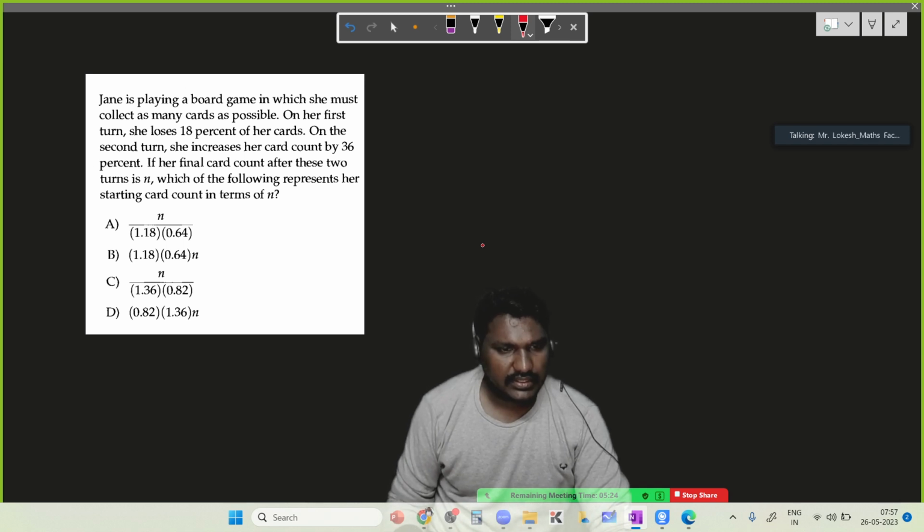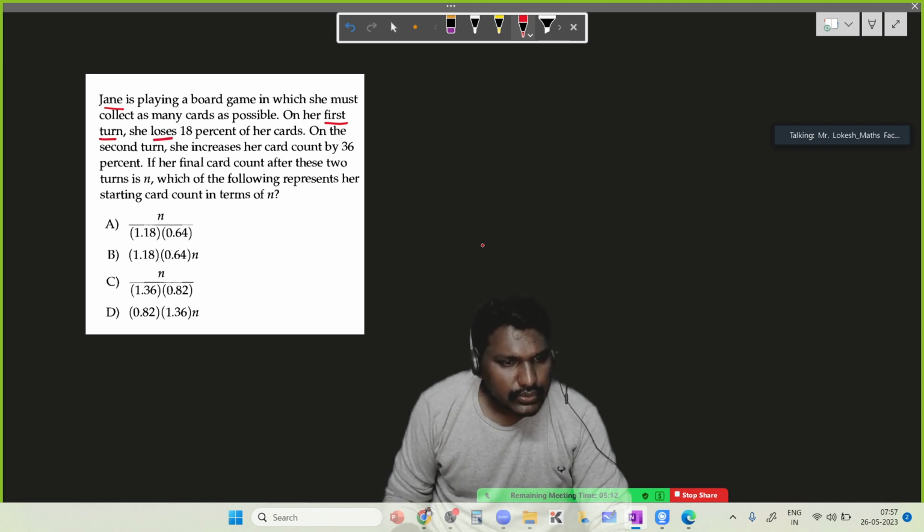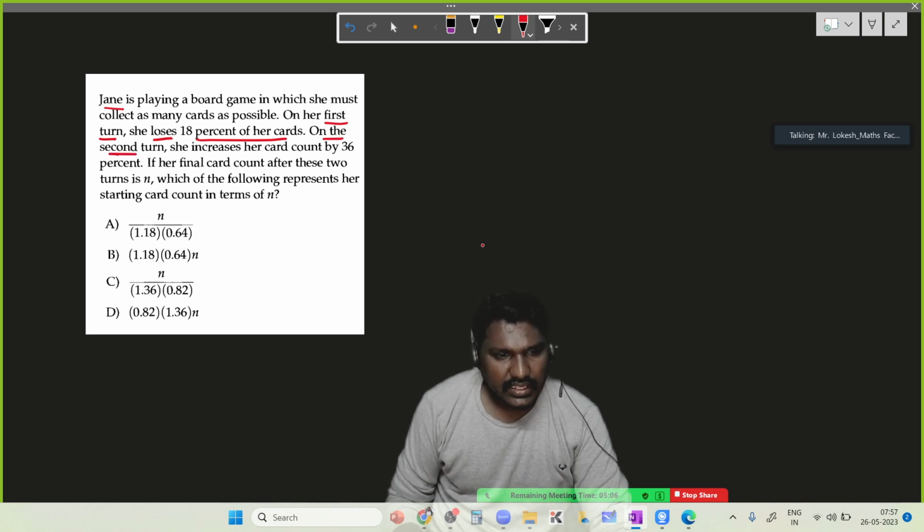Let me read it once again. Jane is playing a board game in which she must collect as many cards as possible. On her first turn, she loses 18% of her cards. On the second turn, she increases her card count by 36%.